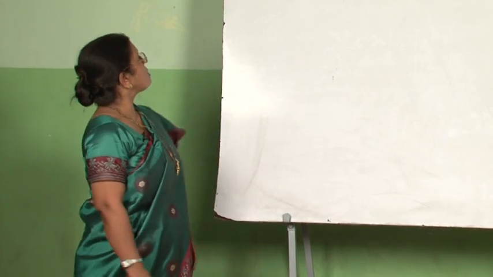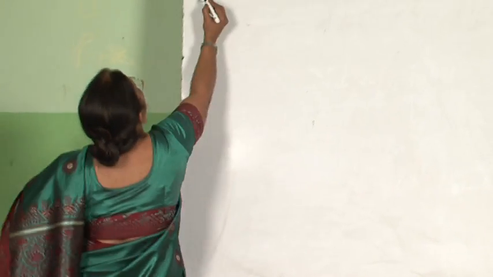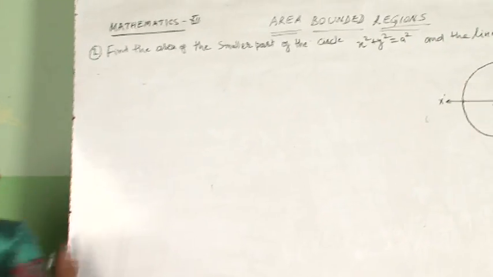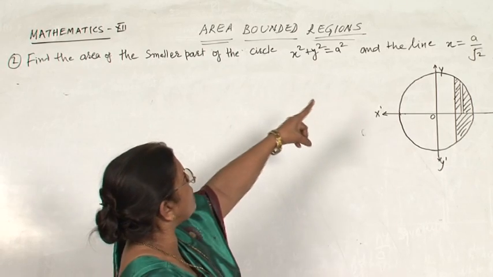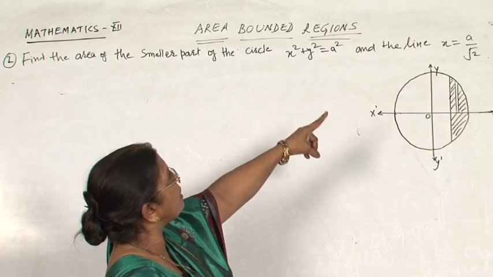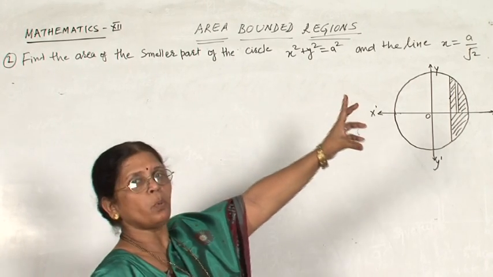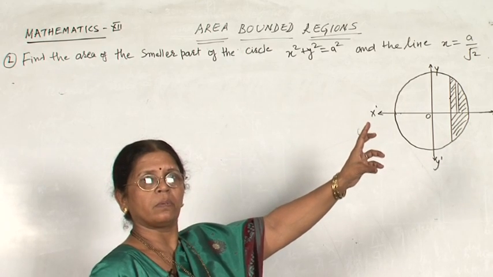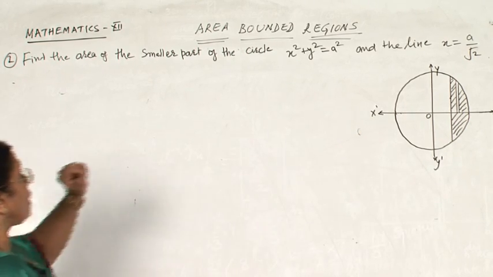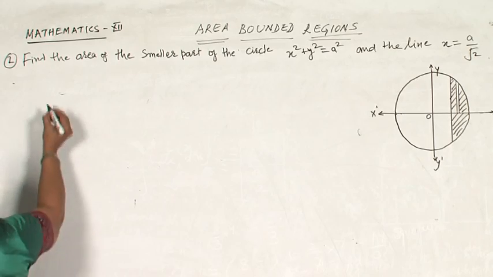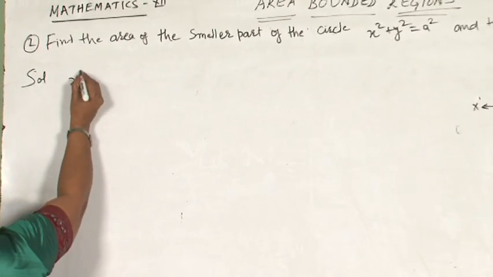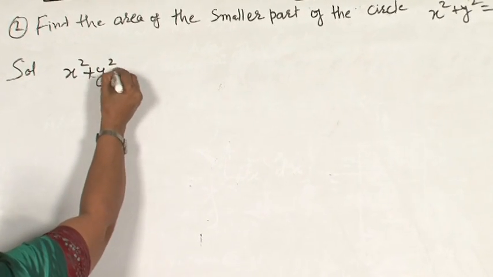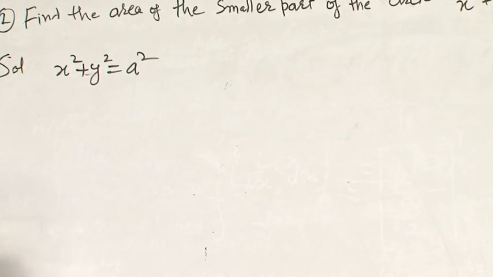Now, next question is, find the area of the smaller part of the circle x square plus y square is equal to a square cut off by the line x is equal to a upon root 2. Clear? Now, x square plus y square is equal to a square is a circle of radius a.